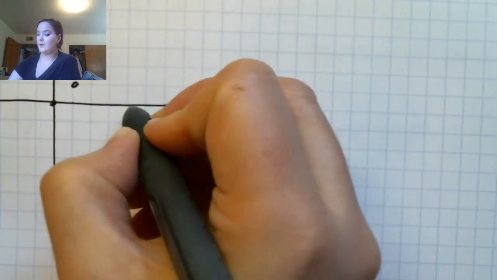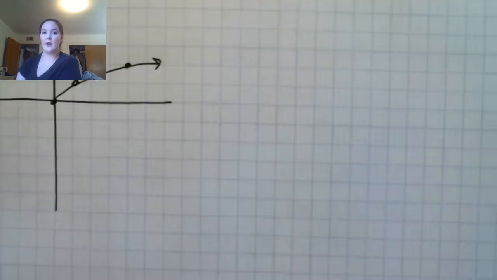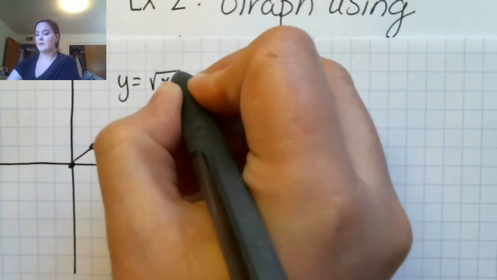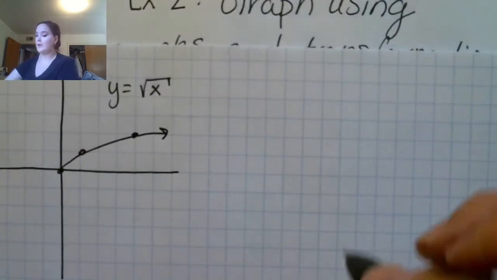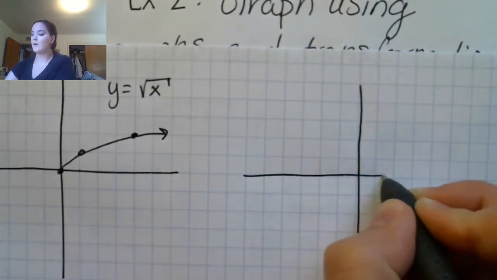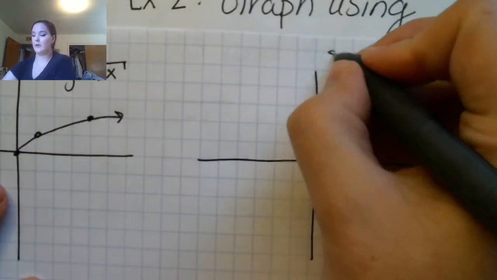One, two, three, 4. So here's my base graph, y equals root x. Let's look at our first step, which was move the graph right 1.